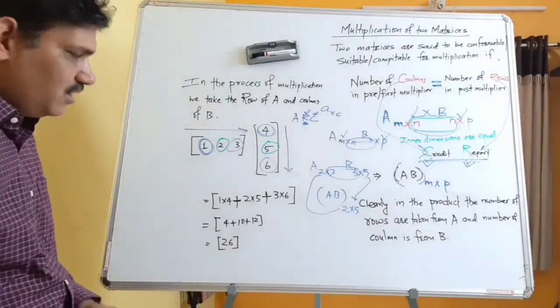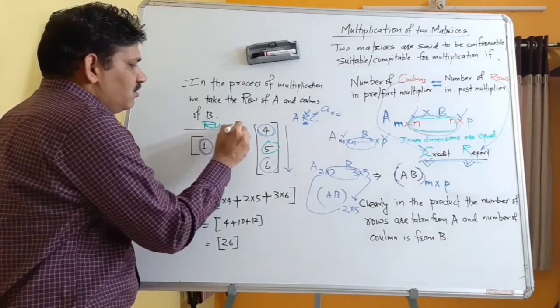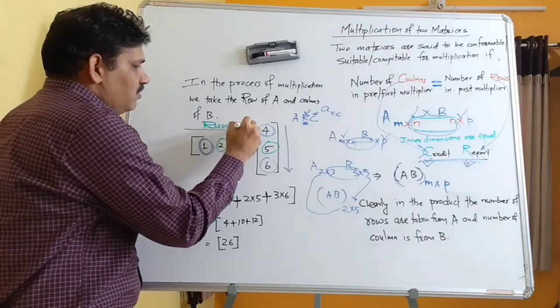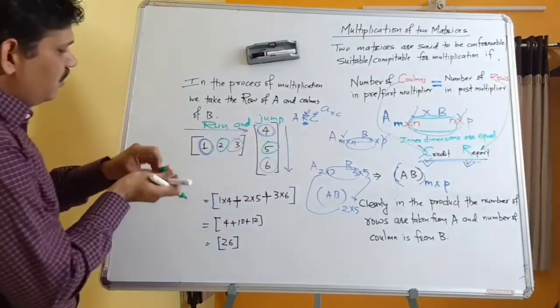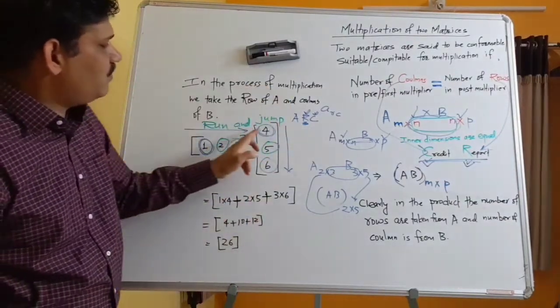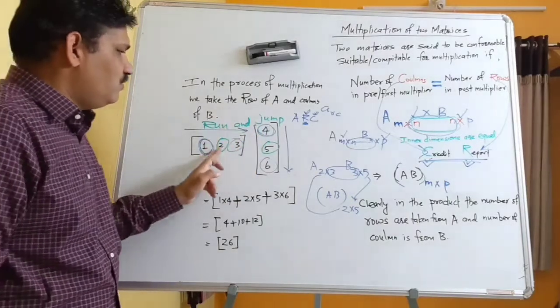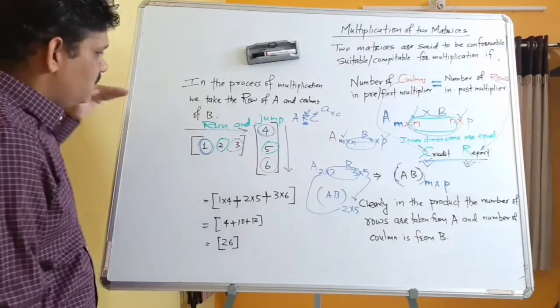To better understand it, just run and jump. So 1 will be multiplied by 4, 2 will be multiplied by 5, 3 will be multiplied by 6.